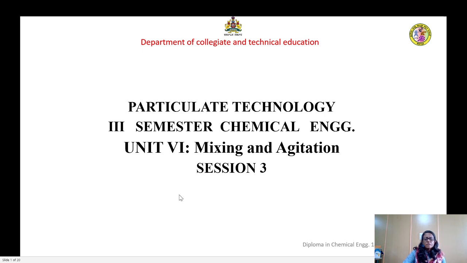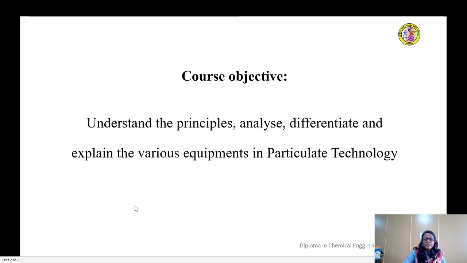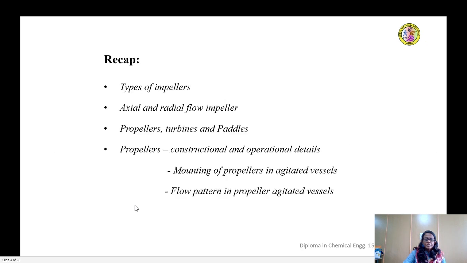So as we always do, let us go back and see what we learned in the last class. We discussed the different types of impellers, in which we learned about the axial and radial flow impellers.